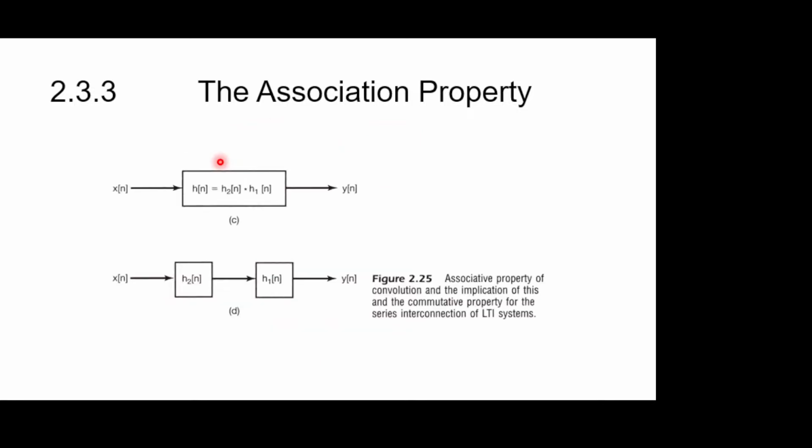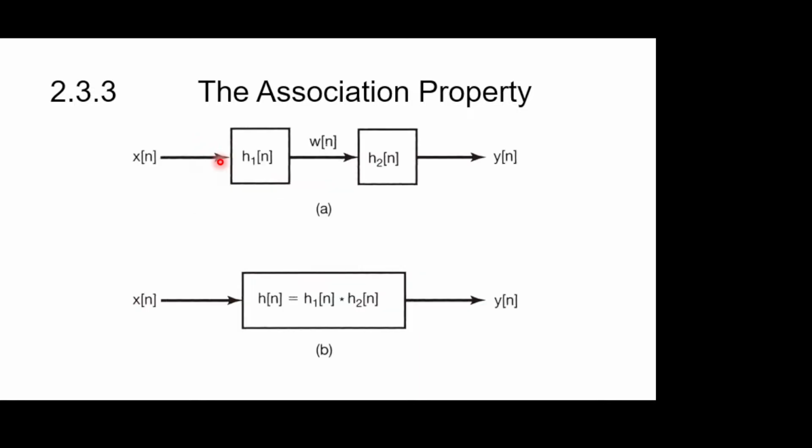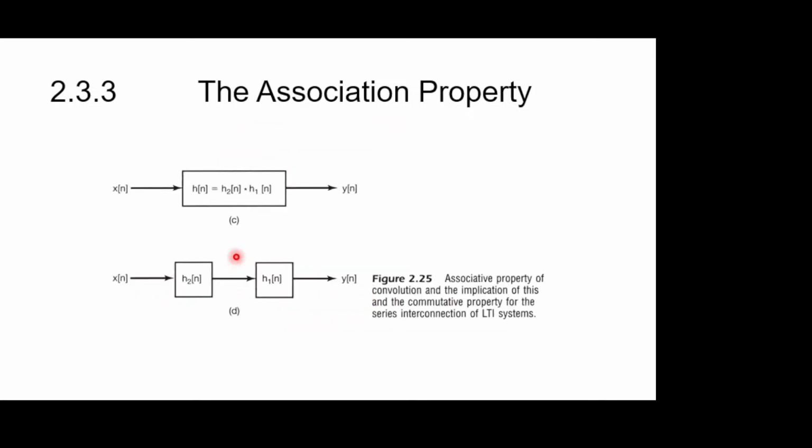This is very nice, so we can do a lot of manipulation here. For example, going through a first system H1 and a second system H2 is the same as going through a system H1 convolved with H2.